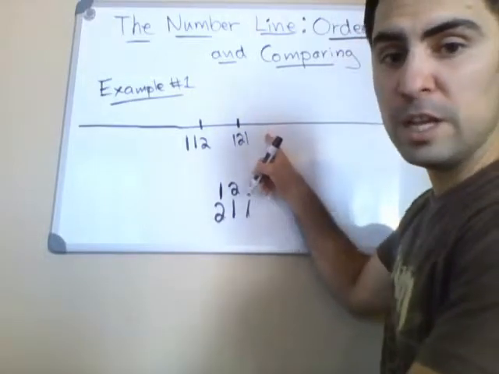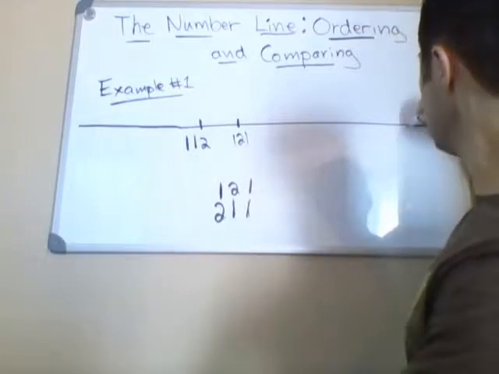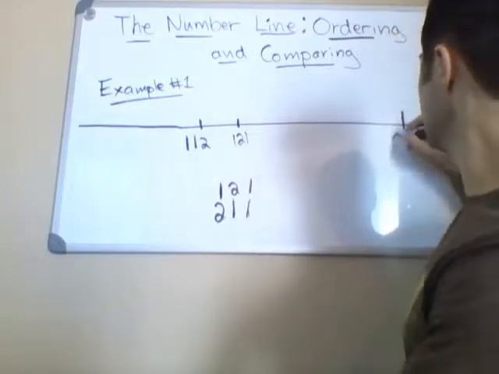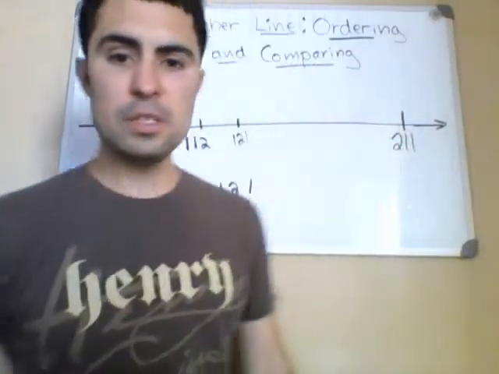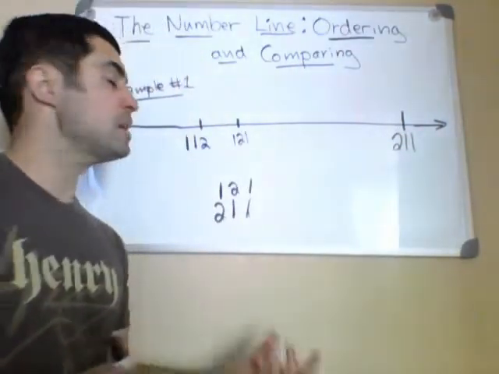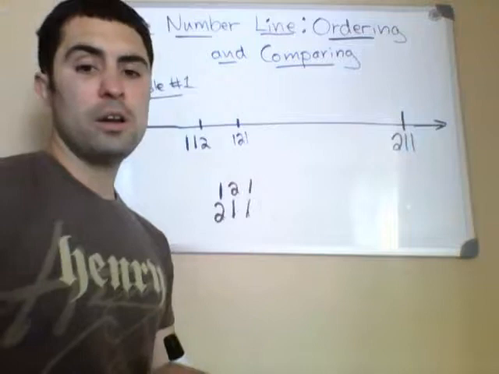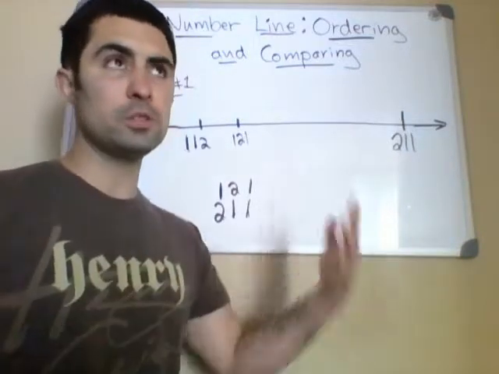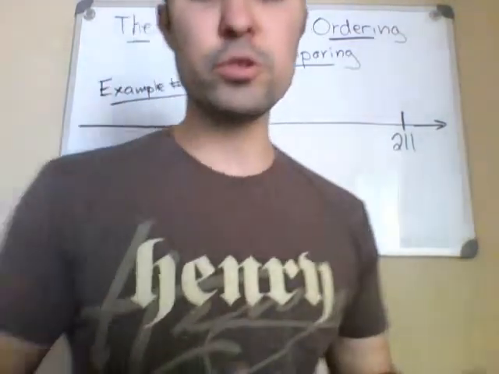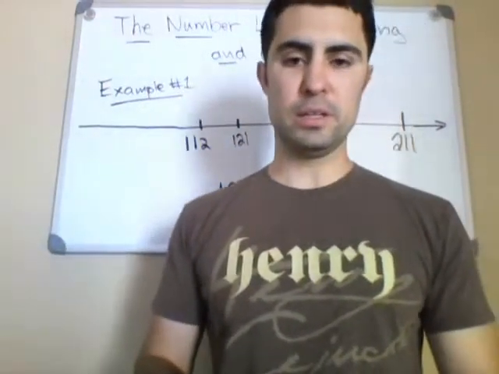No, it's not close. 211 is more like out here. Okay, so this number line kind of gives us a sense of where these numbers are in relation to each other, in regards to value of which one's bigger, which one's smaller, which one's greater, which one's less.